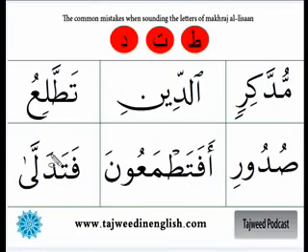And the ta is close to the dal also, the same makhraj, so we have to be careful not to say fadadalla or fatatalla, ta or da. Fatadalla. And da by itself is strong as well as a ta.